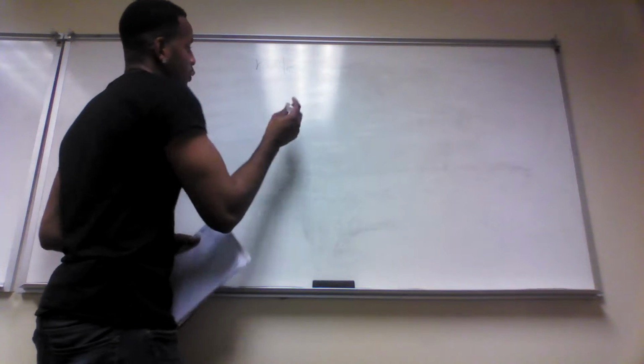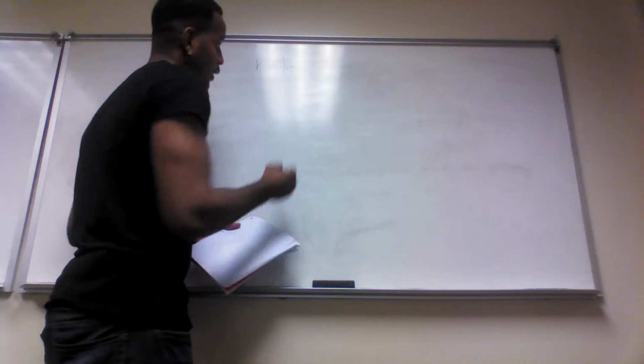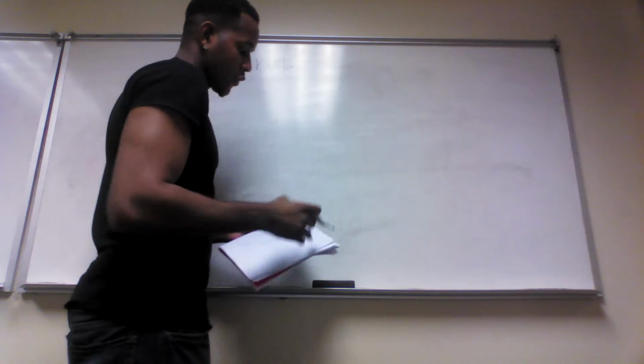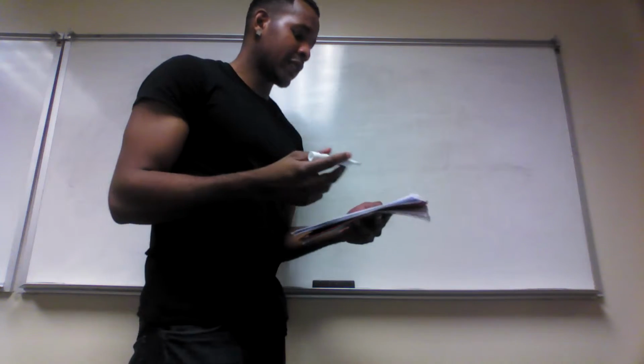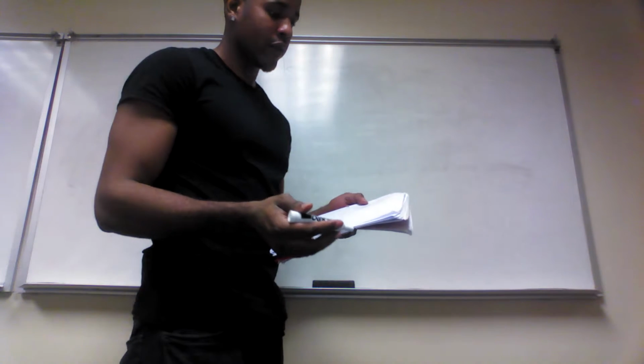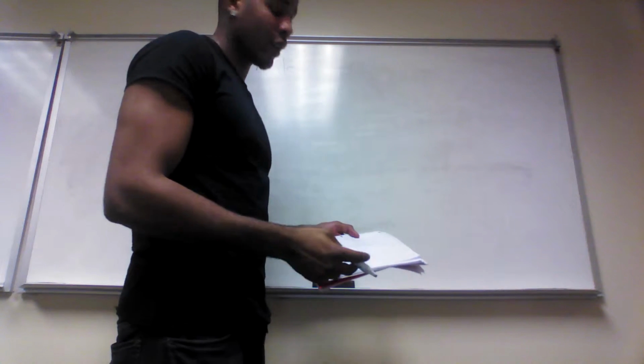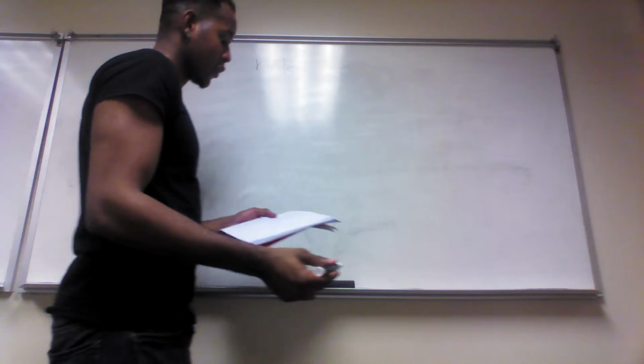So, as I said in the previous section, chapter 2, section 2.4, a limit exists only if both the limit coming from the left and the limit coming from the right are the same.